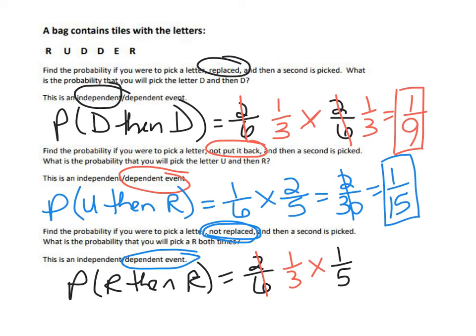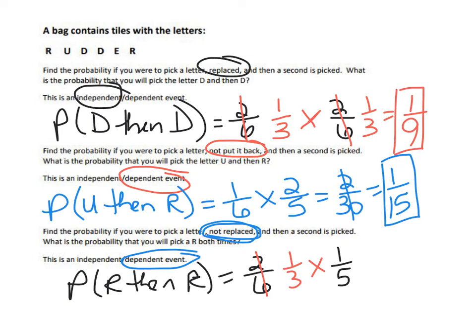So you're not putting it back, so the number of R's in the bag is less. Wait, you take the R out, so would it be 0 out of 5? No, because there's 2 R's. So if you get 1 R, there's still another R left over, right? So you're not taking both R's out, you're just taking 1 R out.